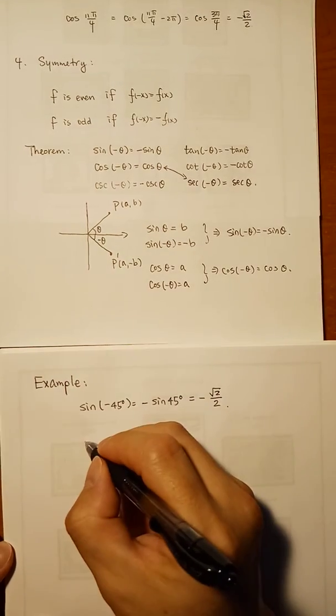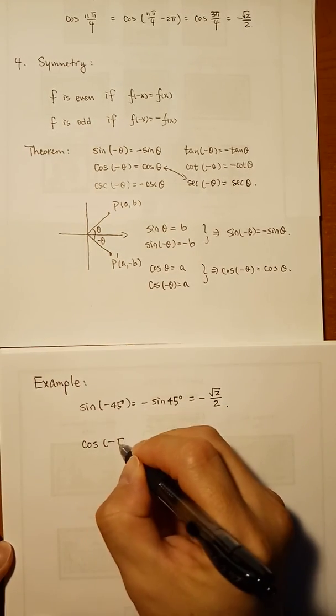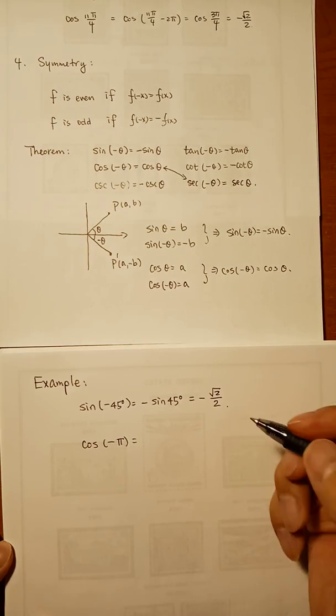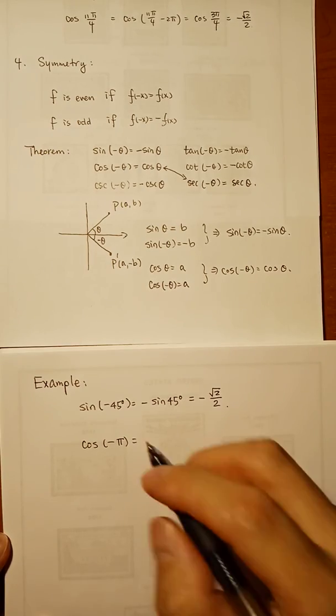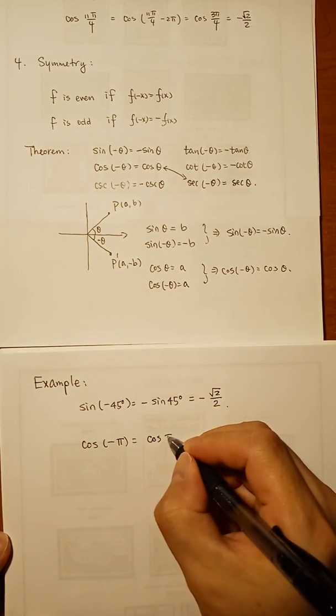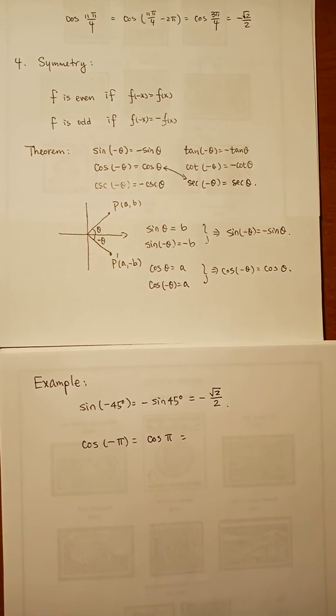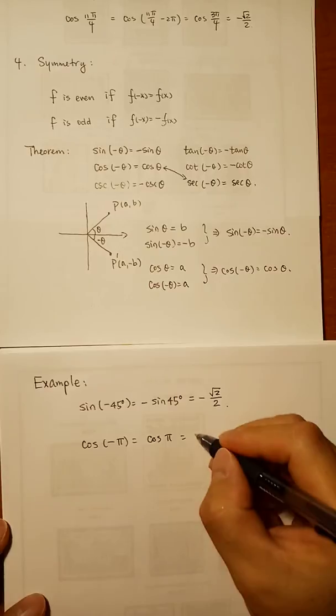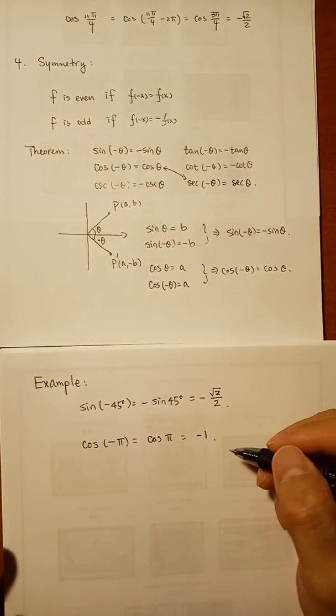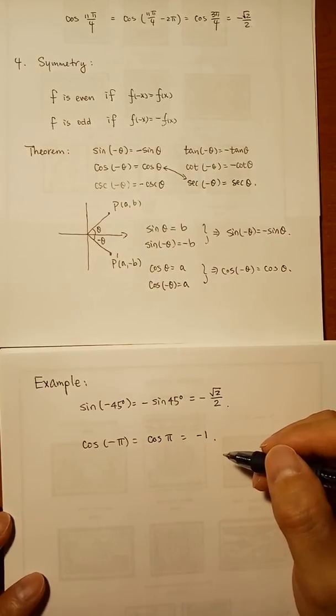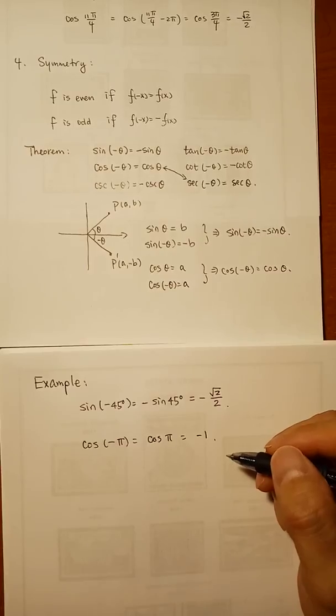And second, cosine of negative pi. Cosine is an even function, only cosine and secant are even, so you ignore the negative sign. And cosine pi is negative 1 from memory. It's x. X is the left point.